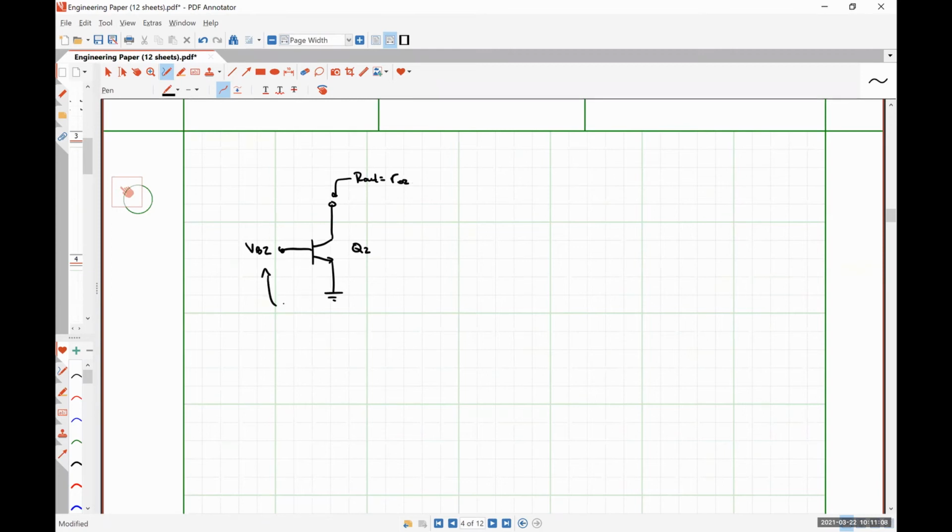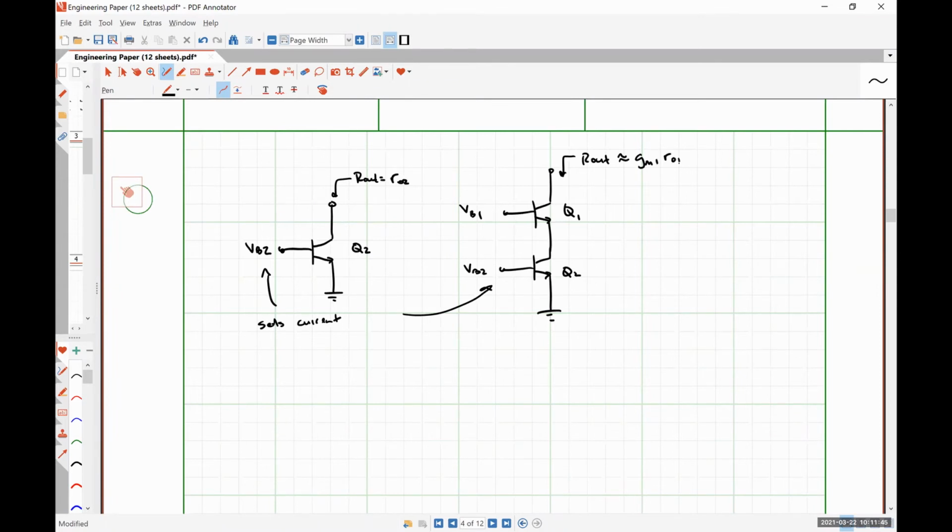So if this voltage is the one that sets the current level, then this guy on top, its whole job is to boost the output impedance.